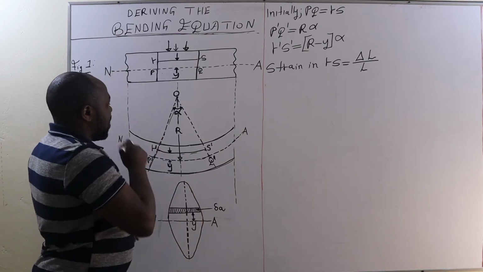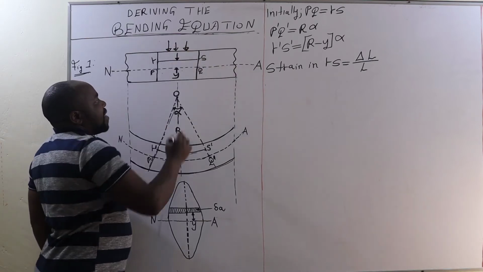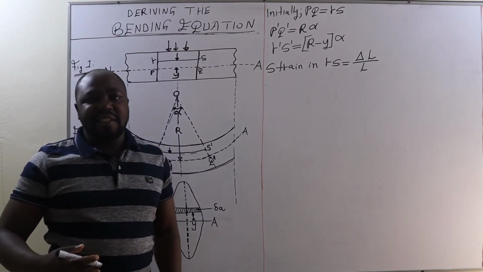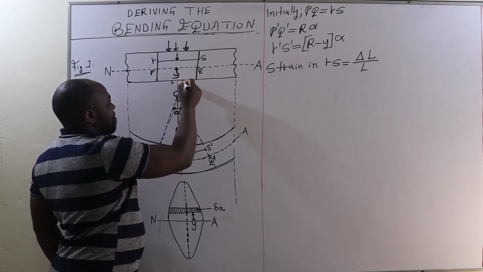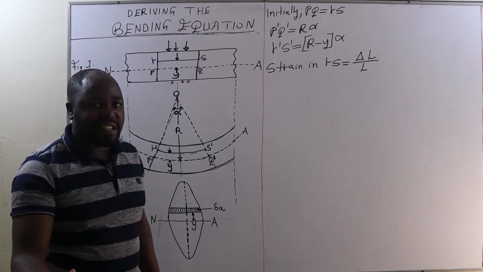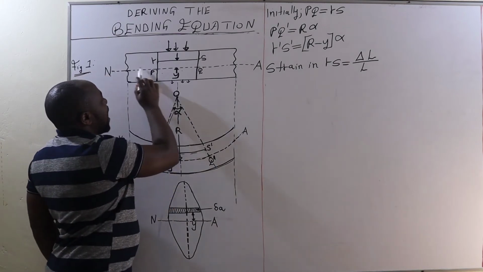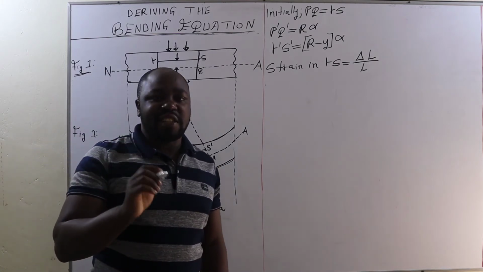Therefore, the upper section of the beam is subjected to compressive stress, and the lower section of the beam is subjected to tensile stress, whereas the neutral axis is not subjected to any stress.